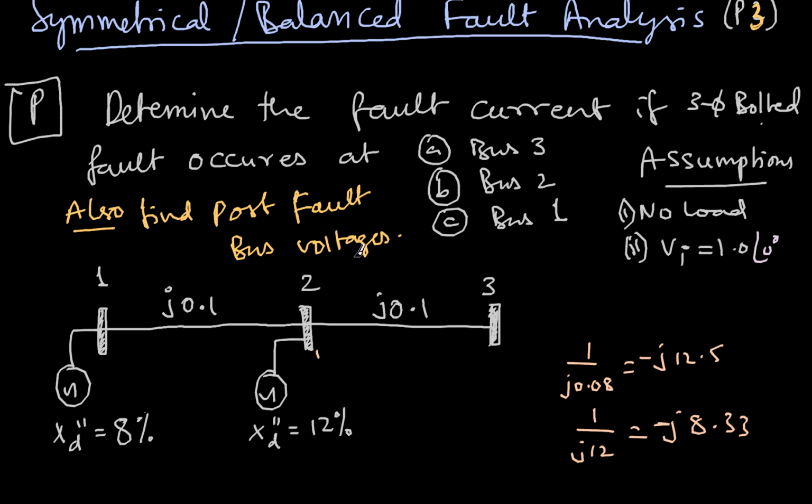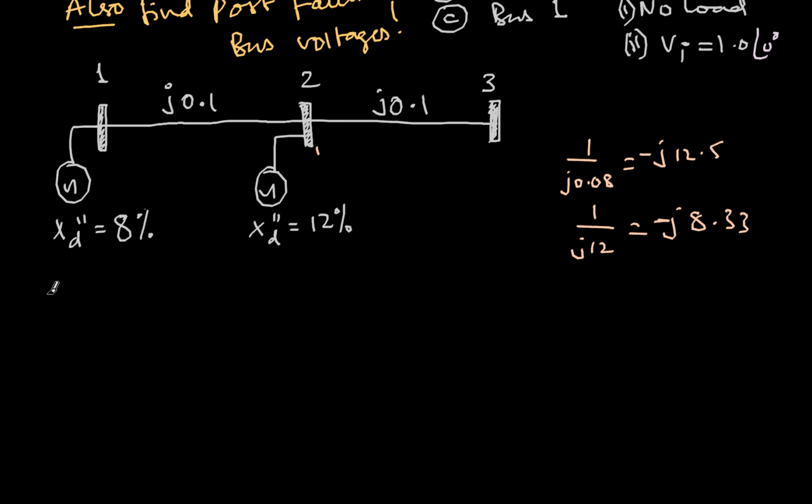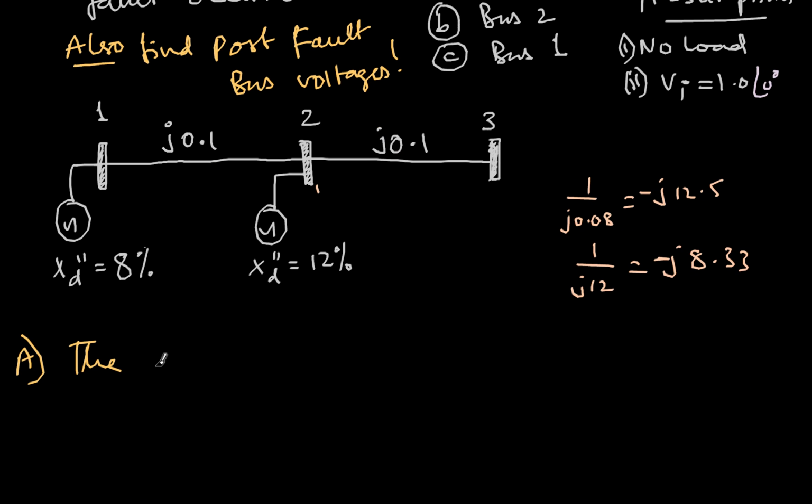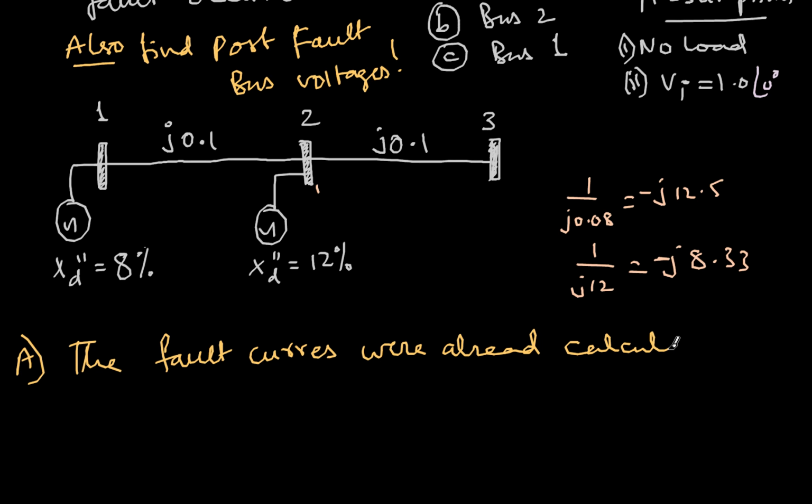Okay, if this question was asked, how would you solve it? You can give an attempt, but I am writing the fault currents, which were already calculated. You can just refer to the previous video in this playlist.